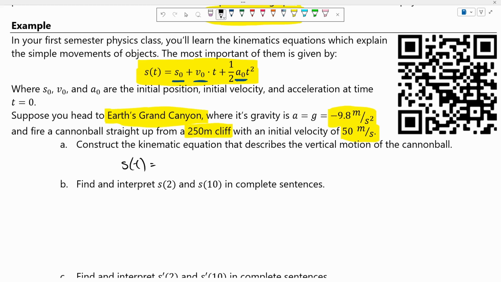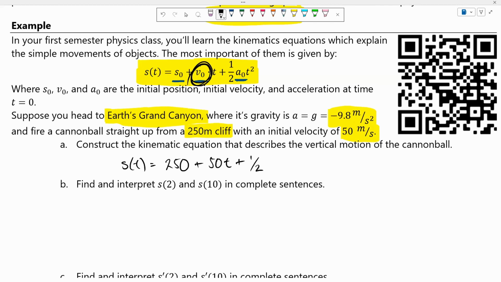Okay, my S sub 0, my initial height, is going to be the 250 meter cliff, right? So it's going to be 250 plus V naught. That's my initial velocity. I've been given that. That's the 50, right? So it's going to be 50t plus, there's going to be a 1/2.